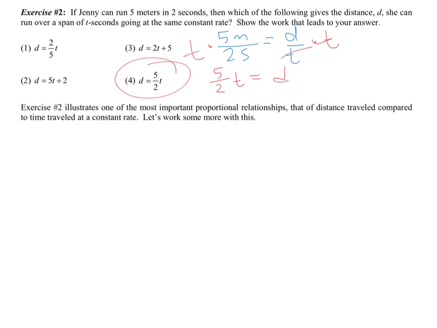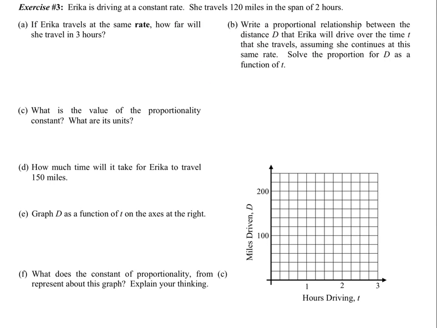Exercise number 2 illustrates one of the most important proportional relationships, that of distance traveled compared to time traveled at a constant rate. Let's work some more with this. Erica is driving at a constant rate. She travels 120 miles in the span of 2 hours. So her rate is 120 over 2, but we want to know her total distance for 3 hours.